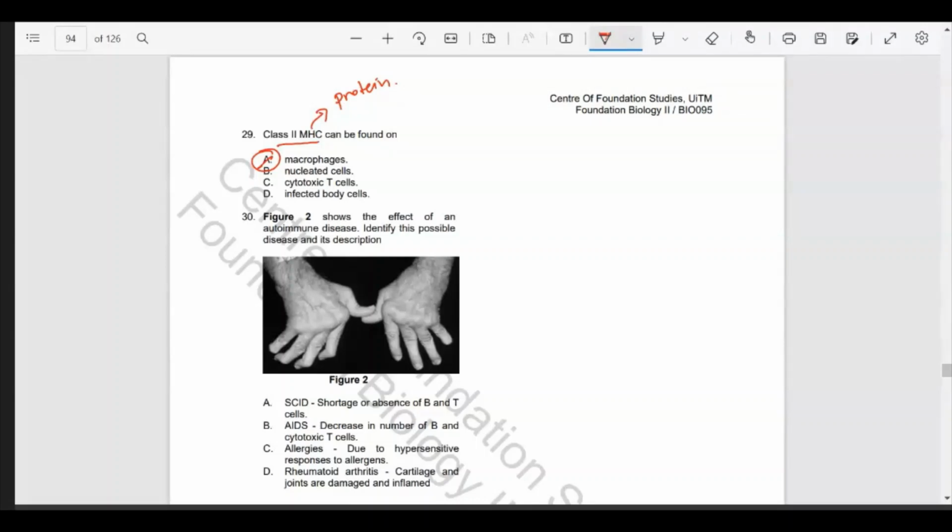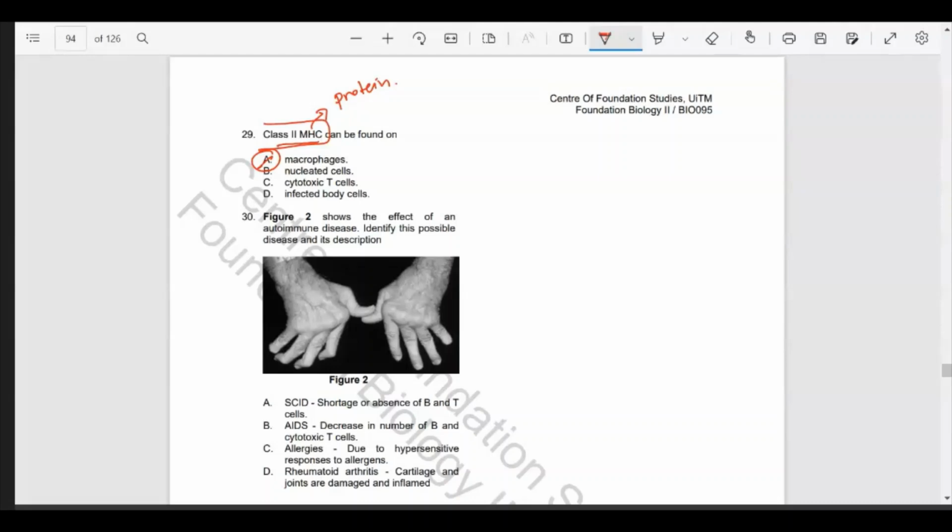It is encoded by a different. Okay, it's fine.